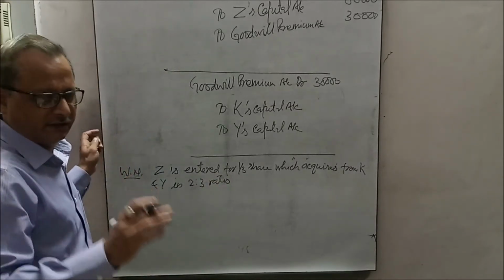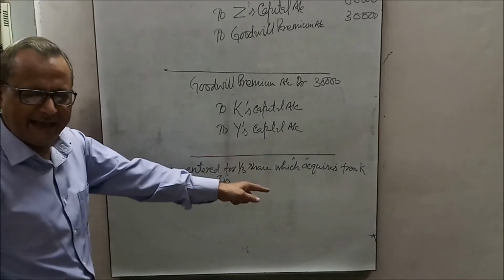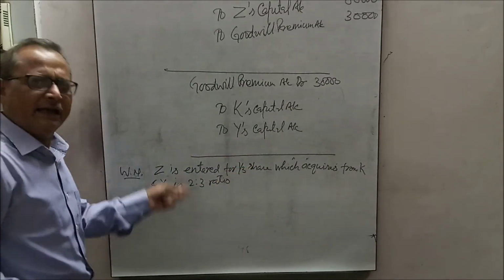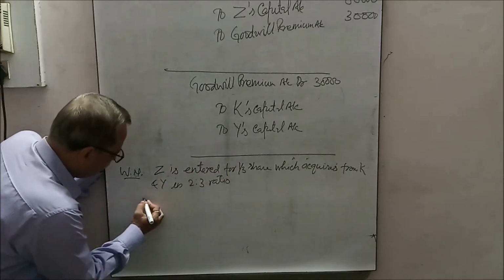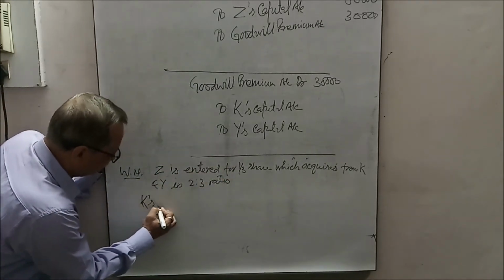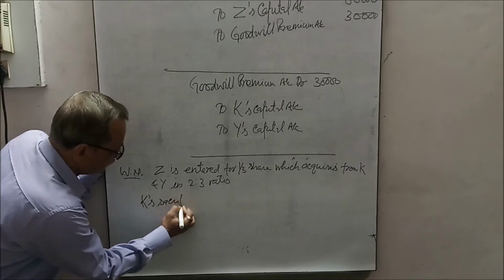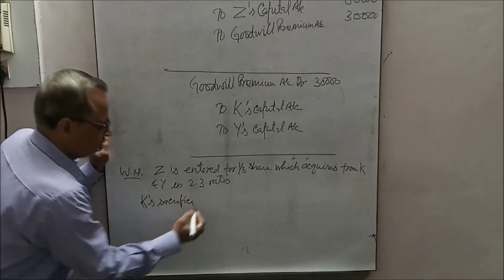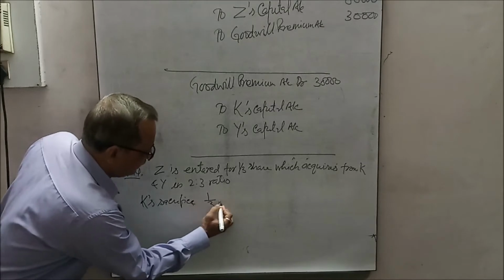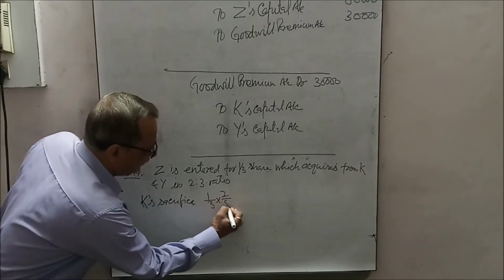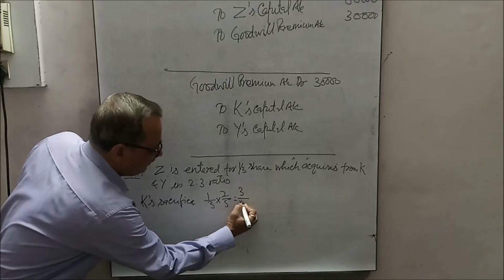So how much he is acquiring from K and Y means how much K is sacrificing and Y is sacrificing. So K's sacrifice is 1/3 into 2/5, that is 2/15.